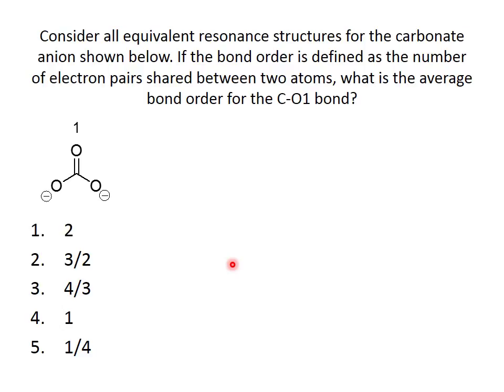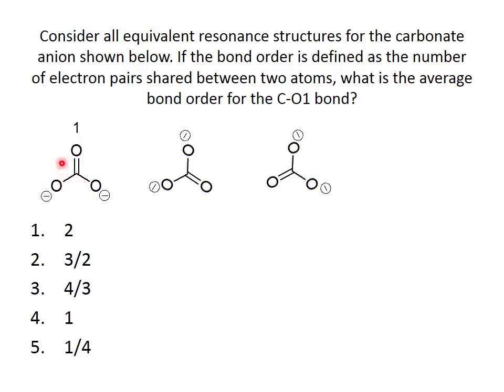Okay, go ahead and figure out what are the other resonance structures for the carbonate anion here, and then determine what is the bond order, as the number of electrons shared, for one carbon-oxygen bond. So pause and then restart after you've figured it out. The first thing that you have to do is figure out what are the other 2 resonance structures.